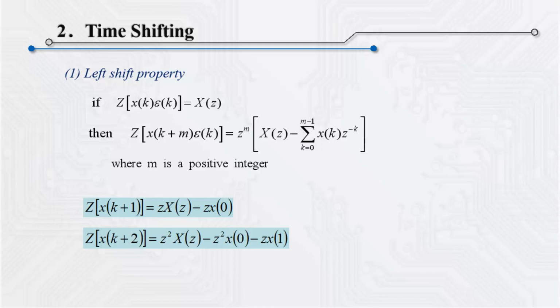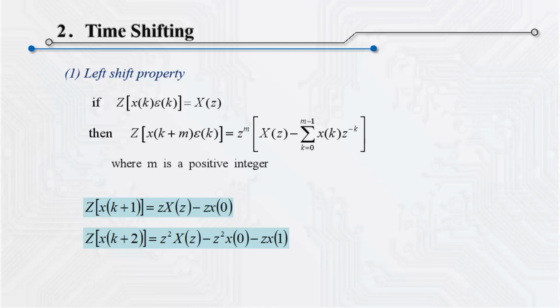Let's look at the left shift characteristic first. X of k itself is a bilateral sequence. We find its unilateral Z transform to X of Z. At this time, we perform left shift processing on X of k.